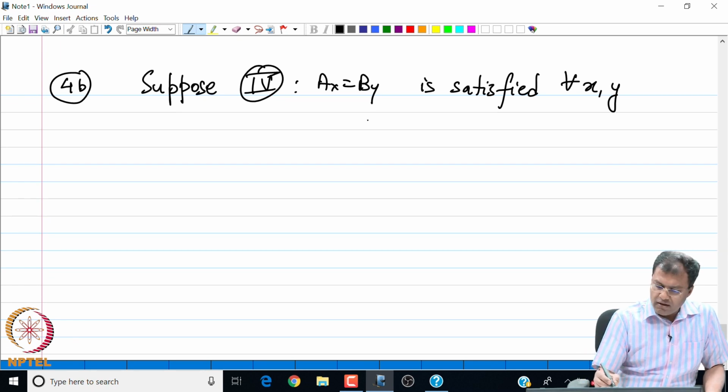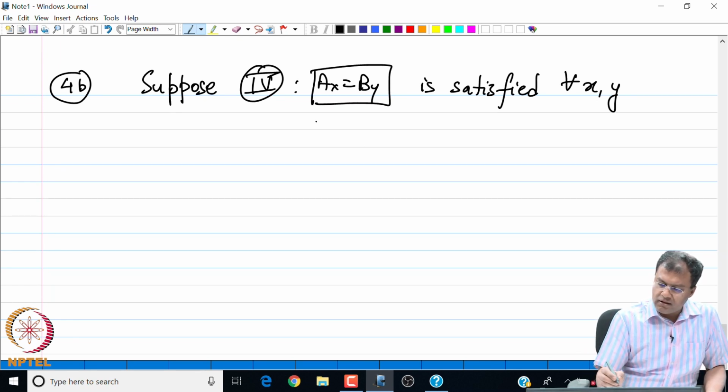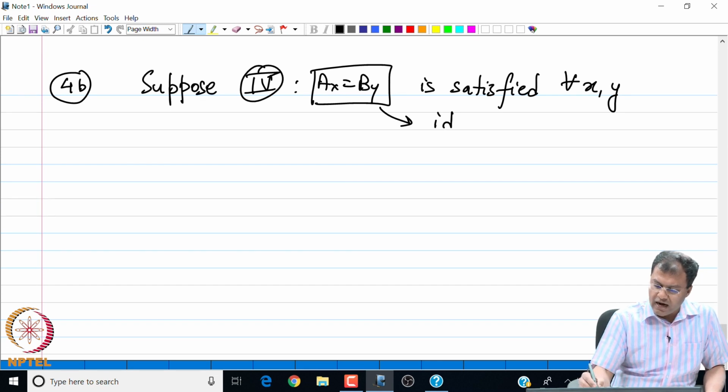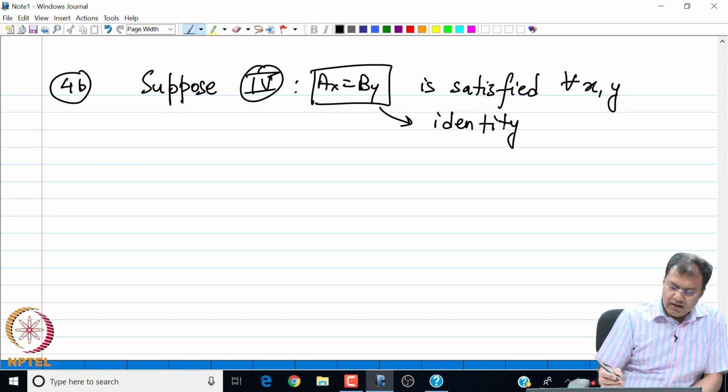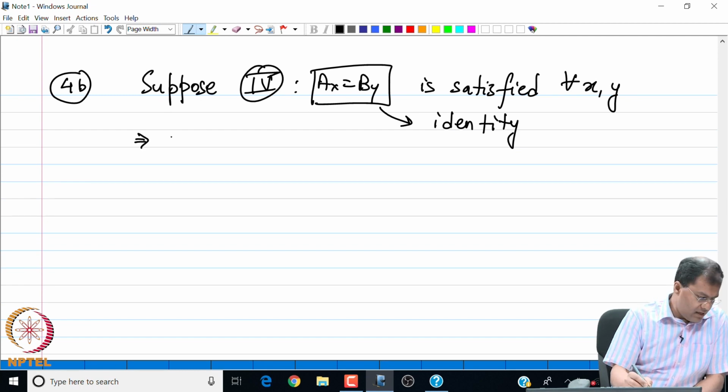So, which means that this particular equation is an identity, right. So, it is satisfied for all x and y, then this is an identity, which means that there is no restriction on y.